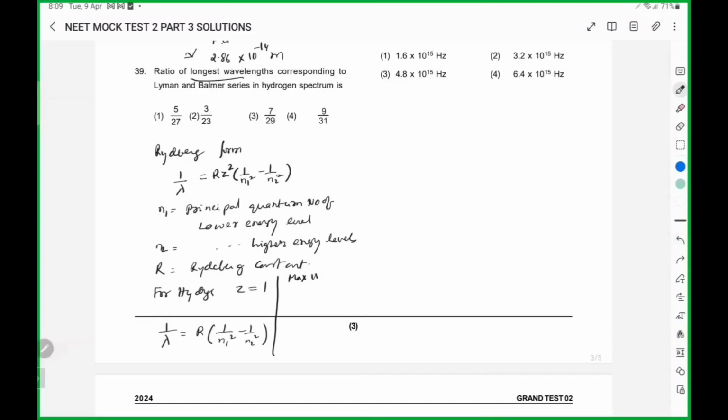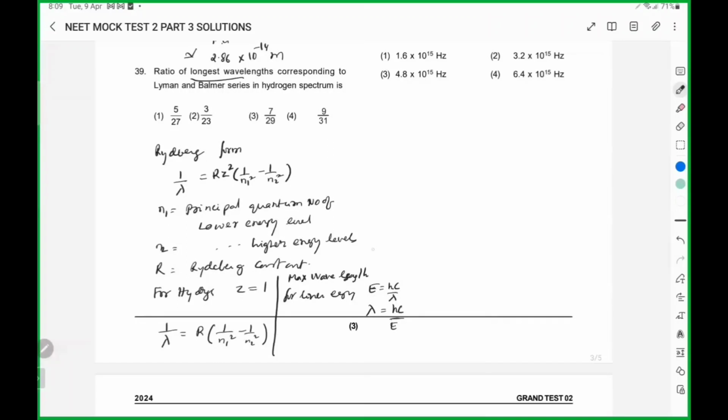For lower energy, because energy is hc by lambda. So energy transfer is minimum when wavelength is maximum.